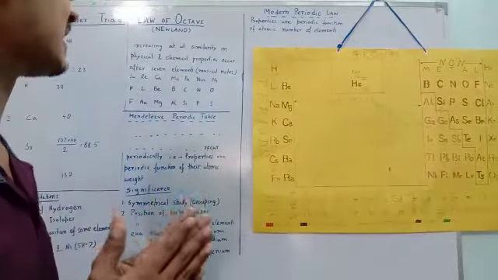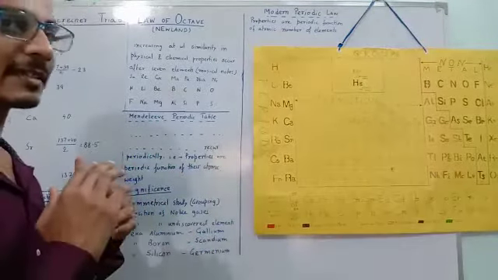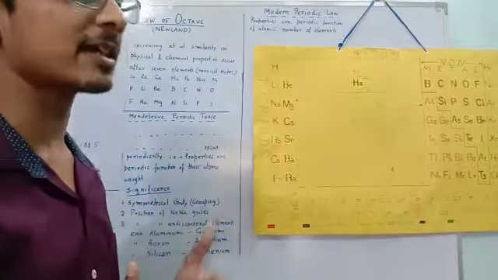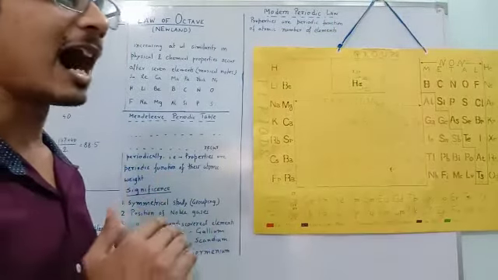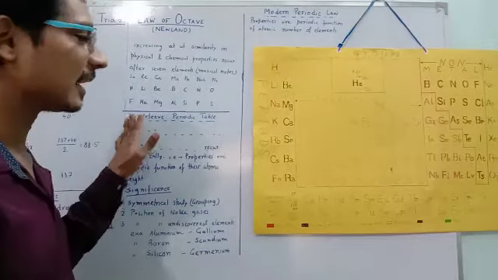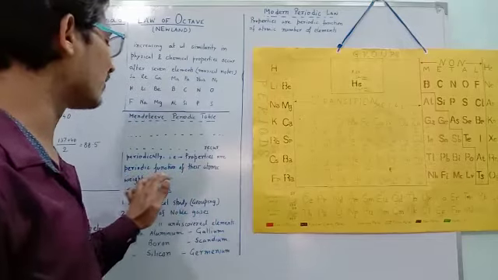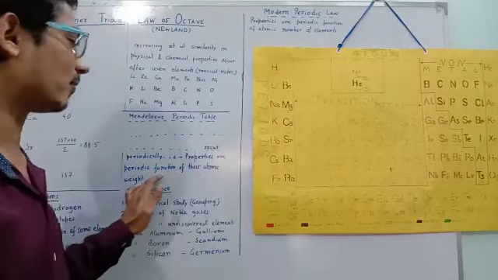Mendeleev did not say after 7 elements or after 8 elements; he said the properties recur periodically. That is, the physical and chemical properties of elements are a periodic function of their atomic weight.